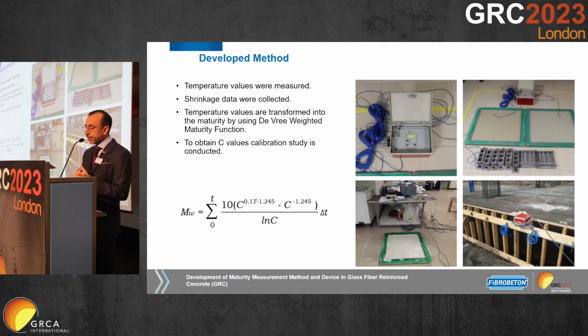Then we placed them into hot water whose temperature is known for certain time intervals. Each specimen was kept at different temperatures for different time periods. At the end of this process, we correlate the strength results of each specimen with their maturity, which is obtained by using this equation. The only parameter that we didn't know was the C factor.